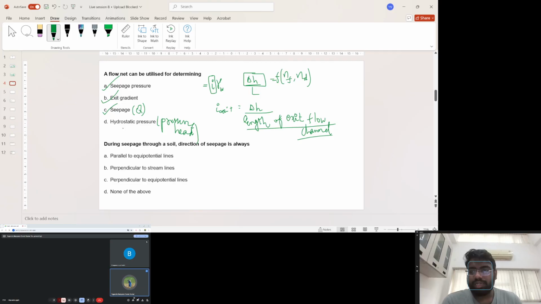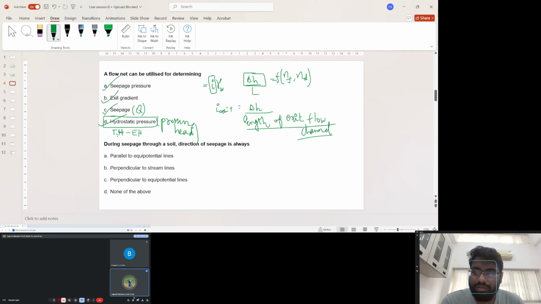Since it is pressure head, it can be obtained from total head minus elevation head. So for that, flow net can be useful, especially for the estimation of hydrostatic pressure or pressure head.